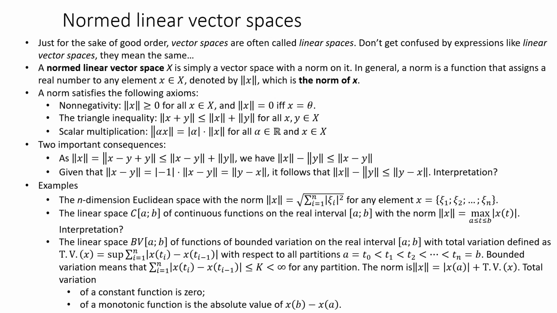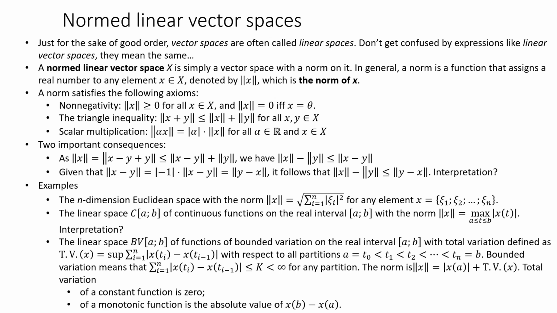Bounded variation: the linear space consisting of functions of bounded variation on the real interval [a,b] with total variation, which is defined as the supremum of the variation of the function over the partitions. It's a bit tricky. We can perform a partition of the interval [a,b]. We can take any partition of this interval, and we calculate the total variation of the function with respect to this partition.